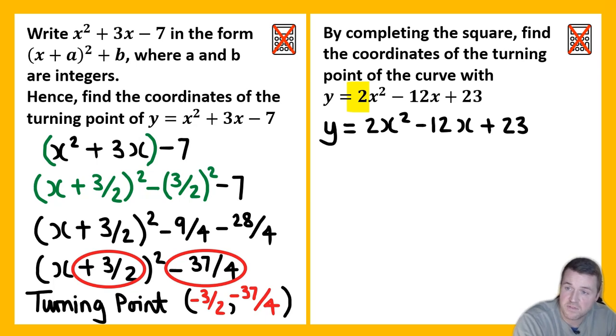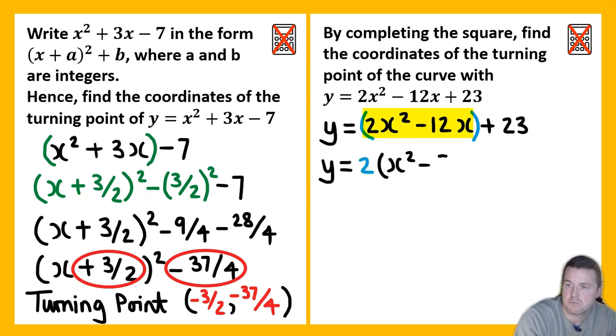There are a couple of different ways of completing this, which involve taking a factor of 2 out of all of the terms, whereas I find the approach easier where we just take the factor of 2 outside of the first 2 terms. So factoring out 2 from these first 2 terms, y is equal to 2 bracket x squared minus 6x bracket and then plus 23.